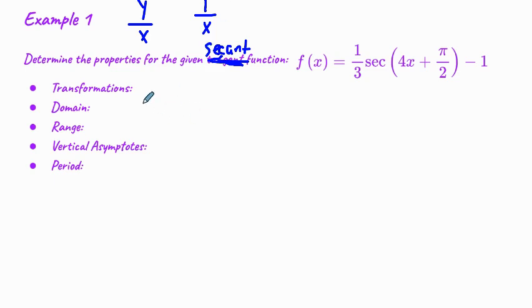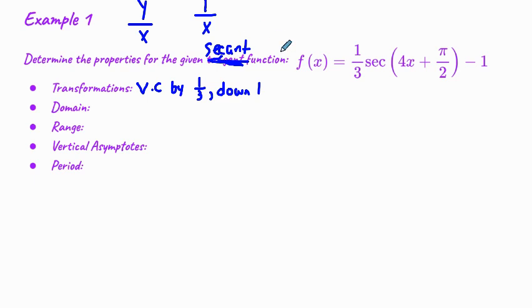So we'll go ahead and start with the transformations. We're talking about a vertical compression by 1/3. That's one of the vertical changes, and we are also moving it down 1.